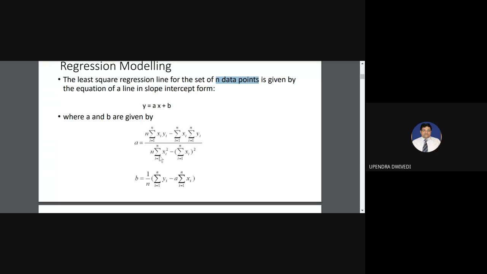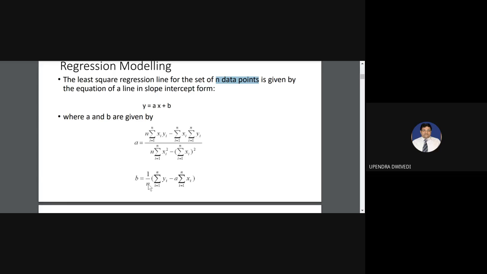Again, in the denominator, we take x square. We take the square of the x values, then take the sum of it, and multiply by n. Again, we take the x values, take the sum of that, and square the whole sum. So by putting the values in this formula, we'll get A. And again, for B, we have this formula, which is represented by 1 by n.